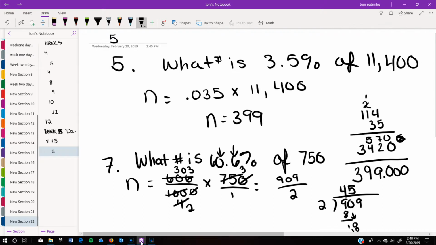So now how many times does 2 go into 9? Well, that would be another 4, 8. Drop my 1. Now I need a decimal place. And I'm only going to go out 1 place because this has 1 place, okay? So 2 can go into that 5. So my answer is 454.5.